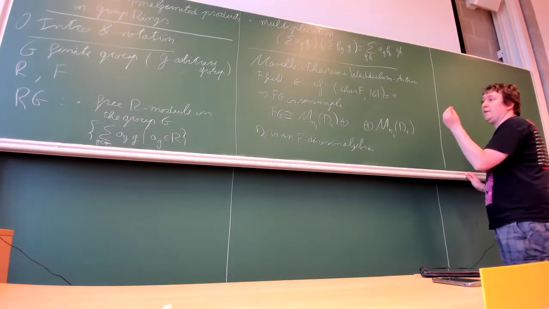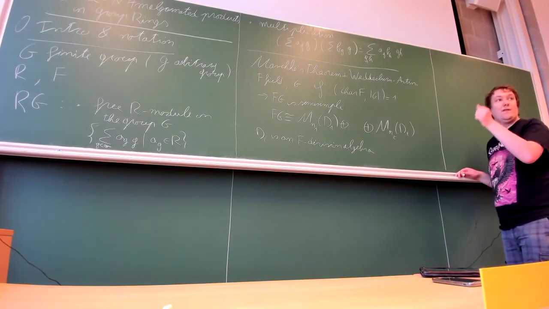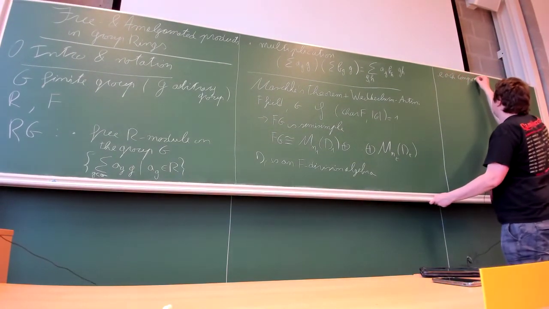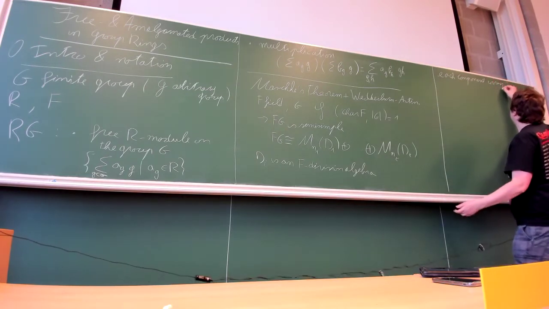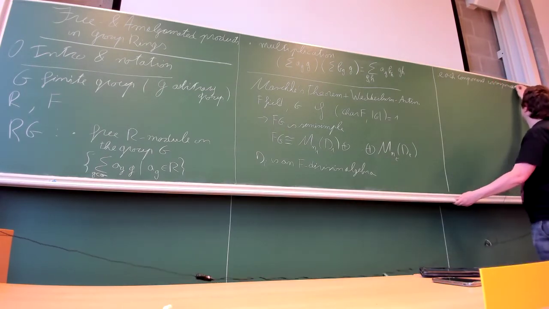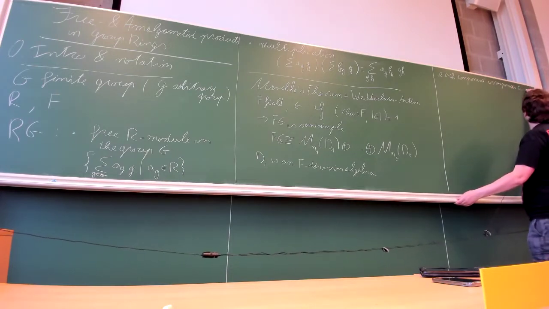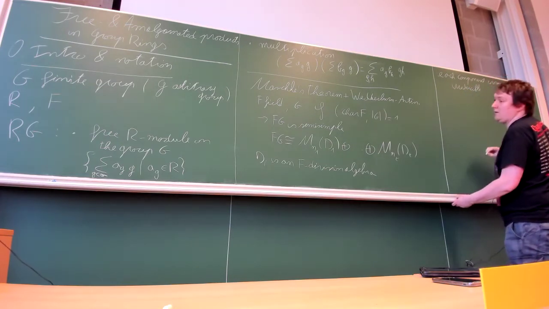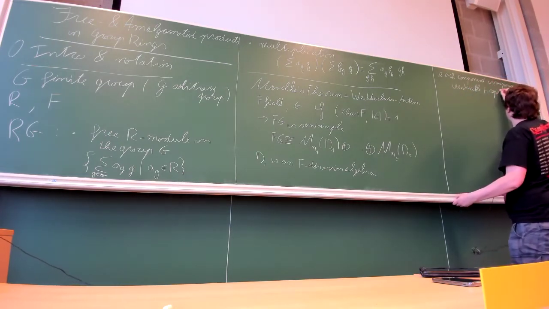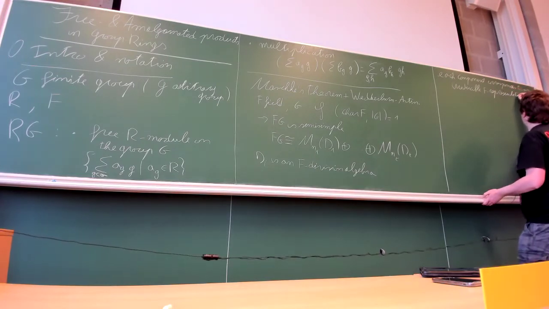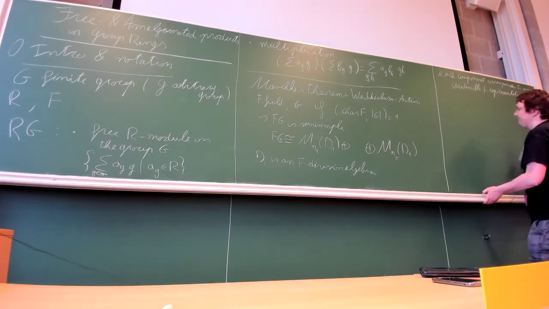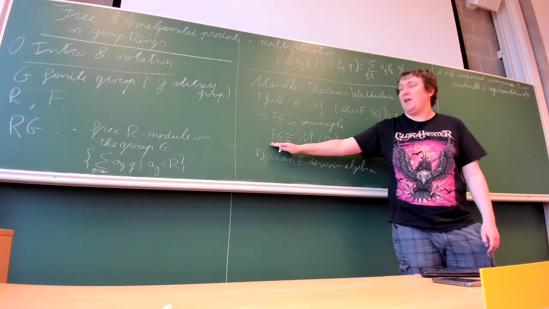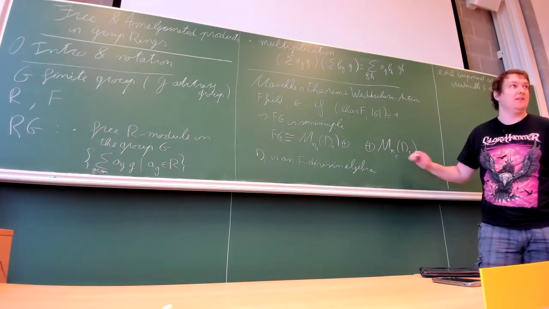They have to do with the representation theory of the group G over the field F. Each component corresponds to an irreducible F-representation of the group G. Or in other words, the simple FG-modules, you can all find them in this decomposition as well.